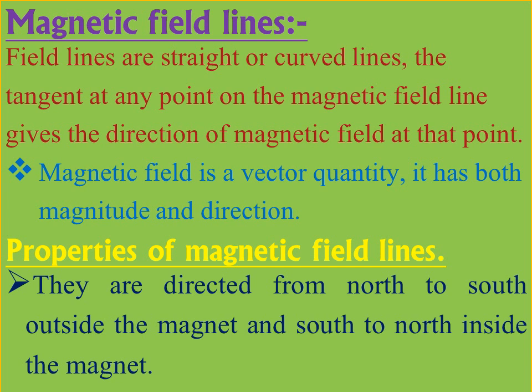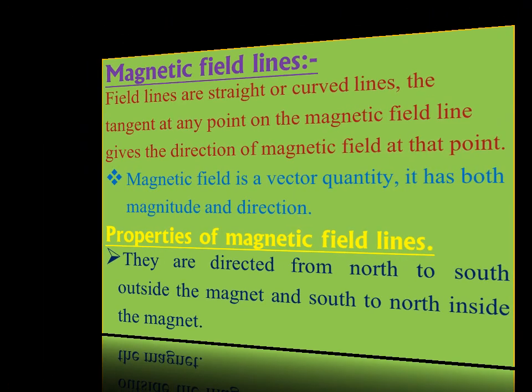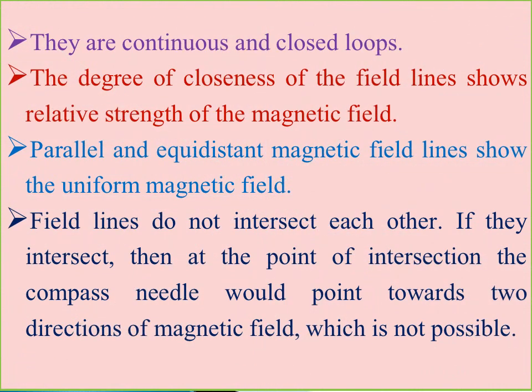Now we will discuss the properties of magnetic field lines. The first property is the field lines are directed from north to south outside the magnet and south to north inside the magnet.